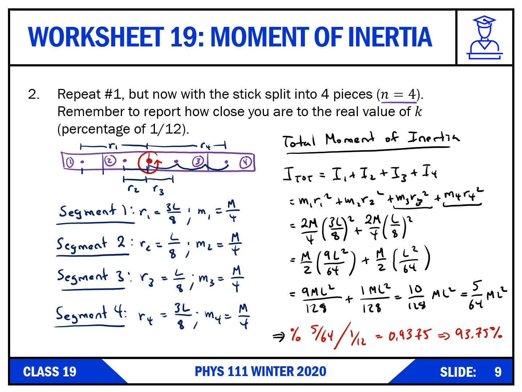So it seems like we're getting closer and closer to the true value of K. So we can make the assumption that the more pieces we chop up the stick into, the more accurate our answer will be. So as one last exercise, we're going to split it up into 8 pieces.